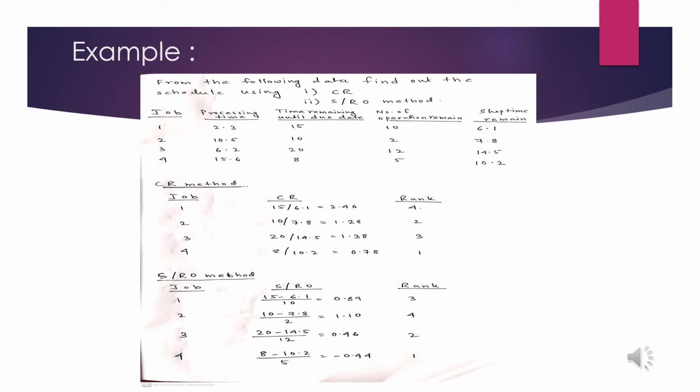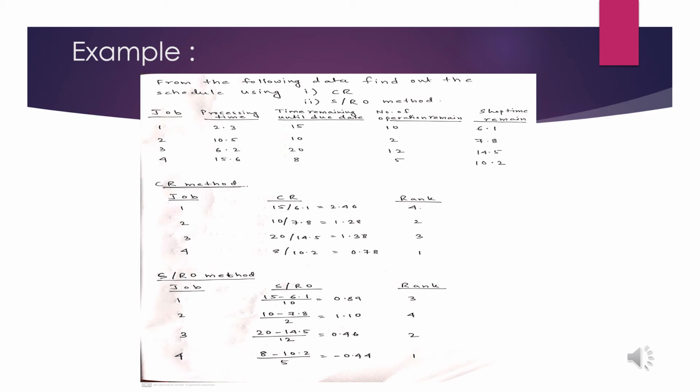Now if we talk about the critical ratio method first, we can go back to the formula for critical ratio. Ideally the formula would be due date minus today's date divided by total shop time remaining. Since today's date has not been mentioned, we can say the formula is due date divided by the total shop time remaining.